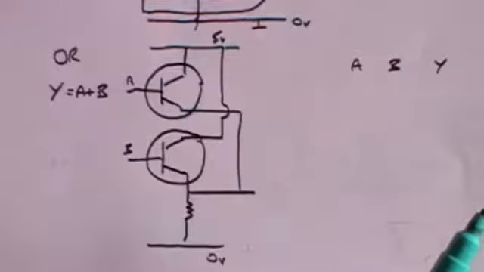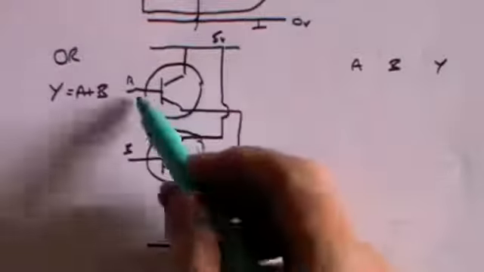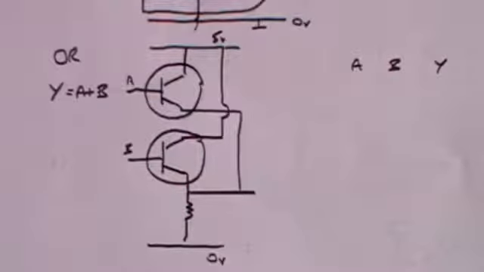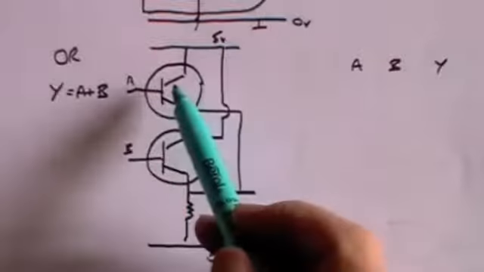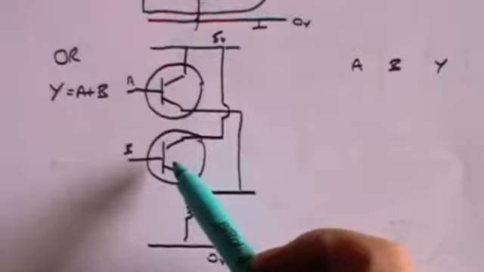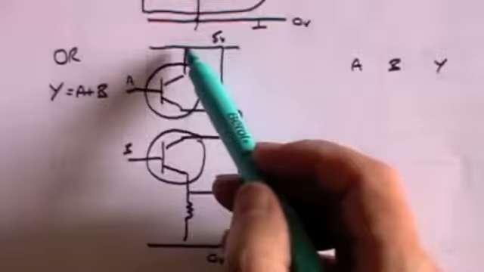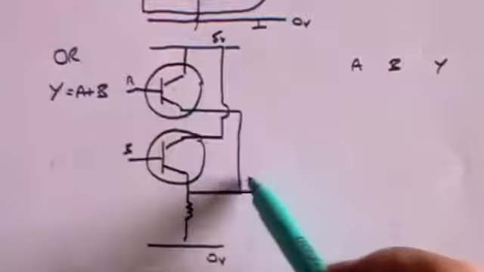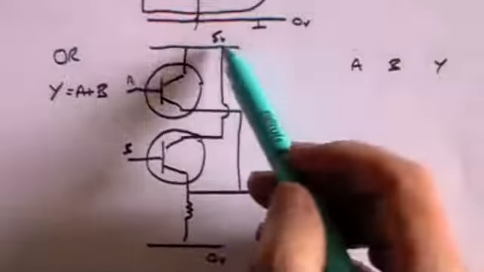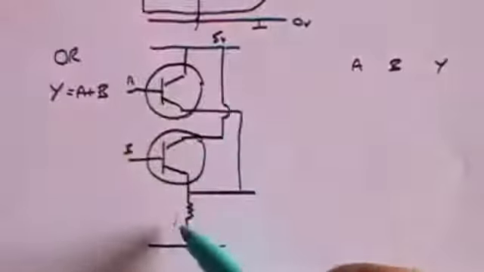Let's now ask what happens if A and B are both 0. If A and B are both 0, then these two transistors acting as switches are both open. That means that no current can flow this way and no current can flow this way.